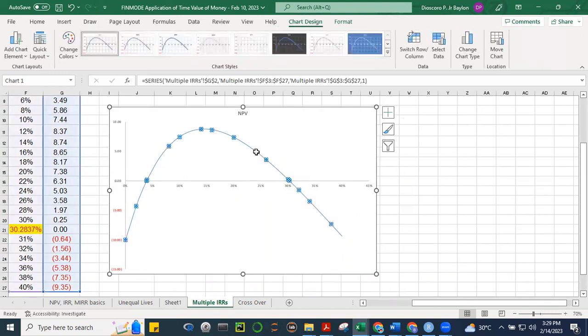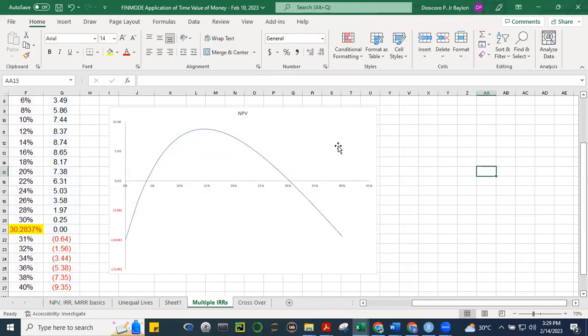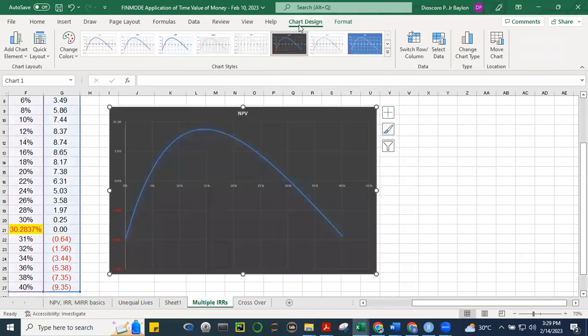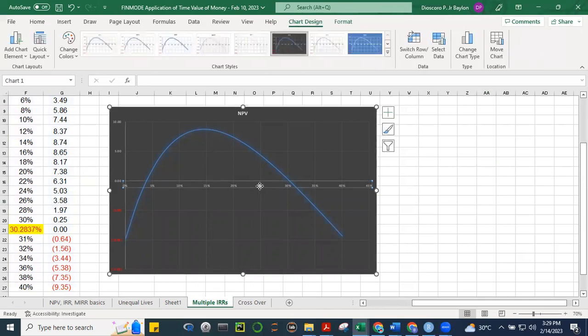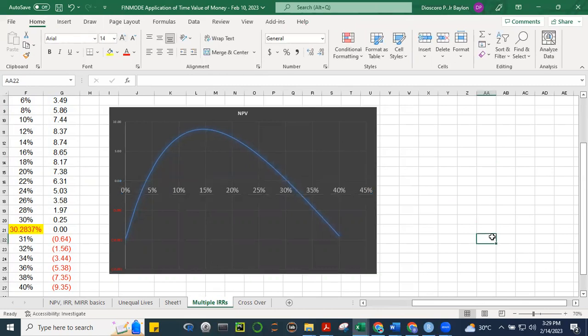Maybe maganda kung color natin. Mas kita ba? Anyway, it's up to you to really decide kung ano yung chart design na gusto nyo dito. Maybe I'll just use that. And let me increase this. Okay. All right. So we have here the NPV profile.